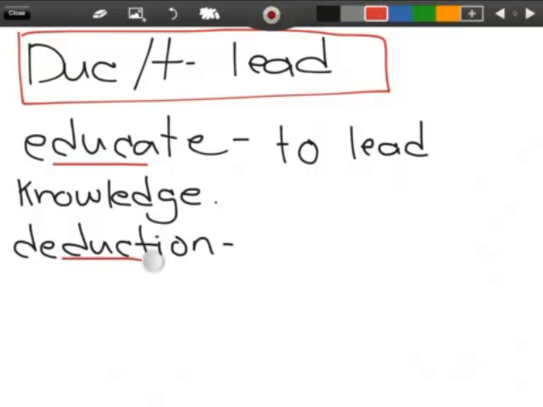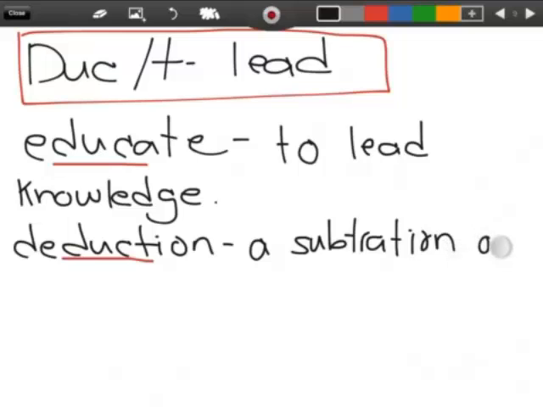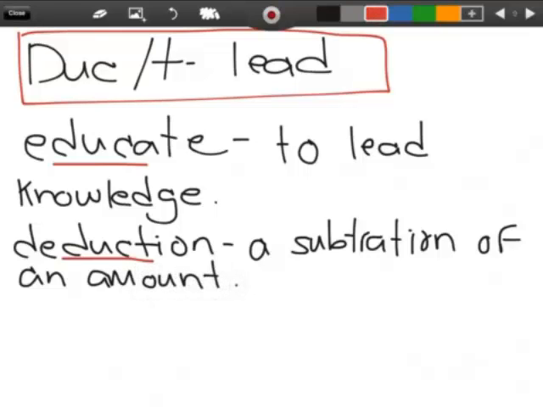Deduction means a subtraction of an amount.